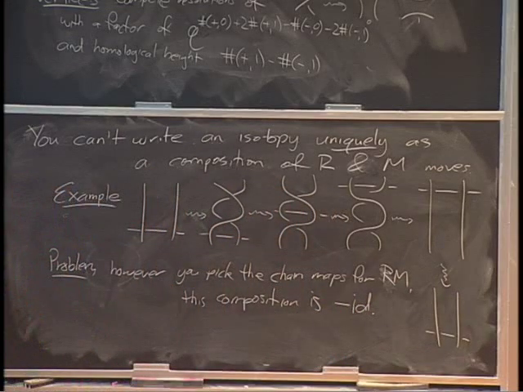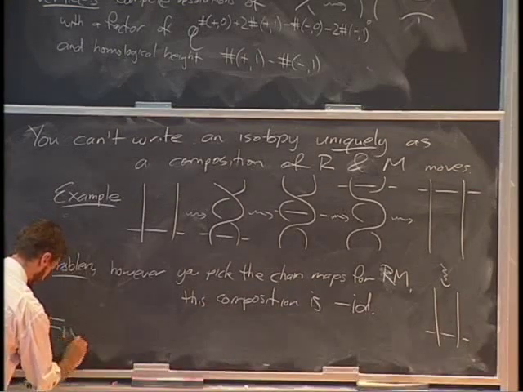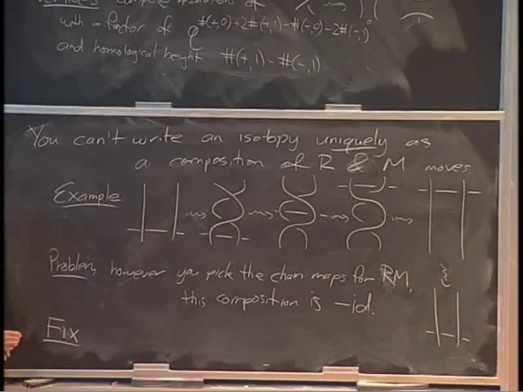Okay, so I think all I'm going to say is that there's a fix. It involves something called disorientations, and I won't say anything more about it. Just pretend for the rest of what I have to say that there isn't this problem, and that we get well-defined chain maps from isotopies by chopping up the isotopies as compositions of Reidemeister moves and composing the chosen chain maps.